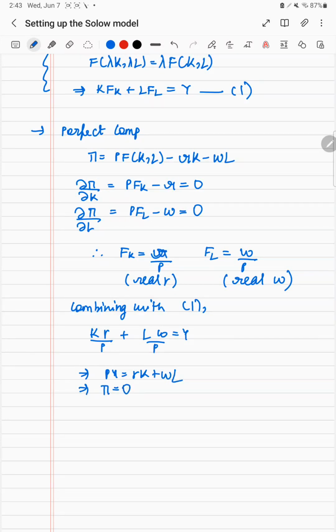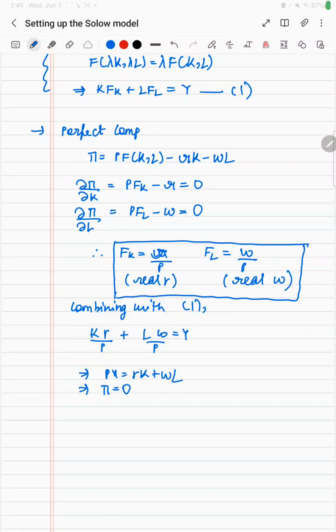So CRS combined with perfect competition imply that profit is 0. Now this is very crucial, because this tells you what the real wage and real rental of the economy is in a given year.